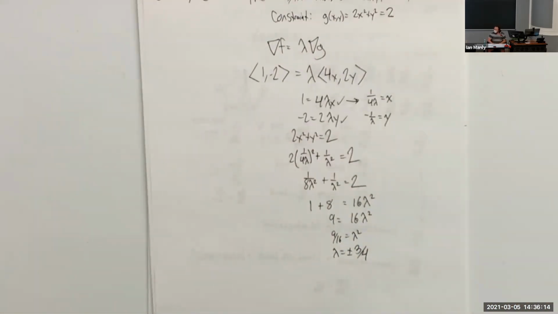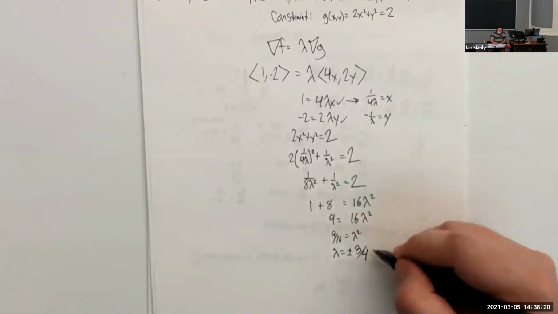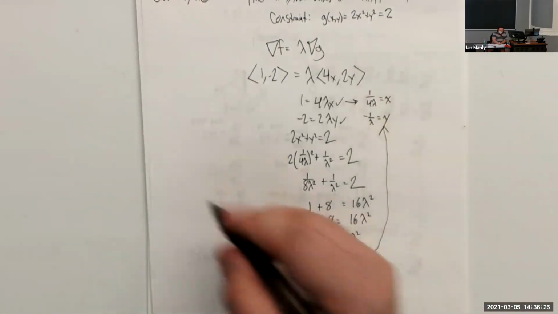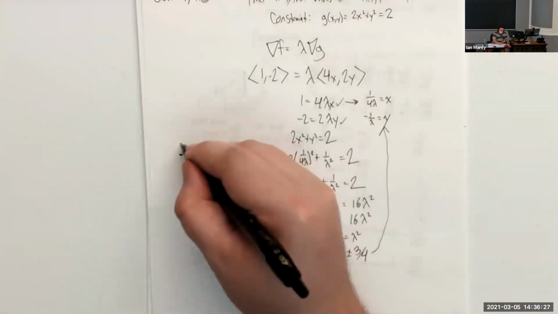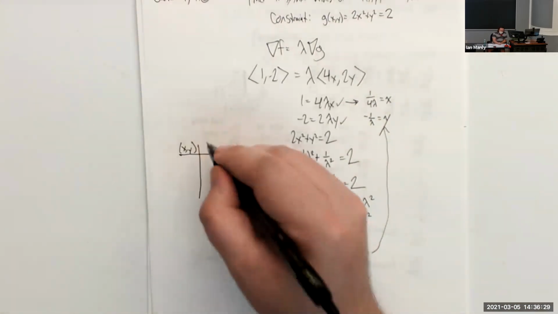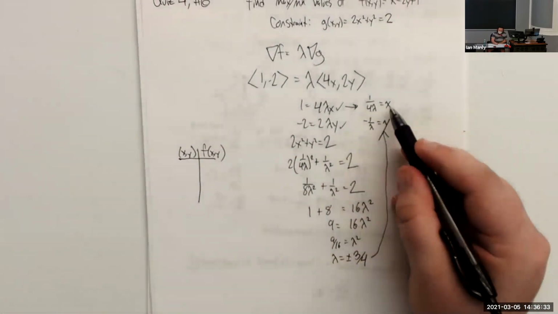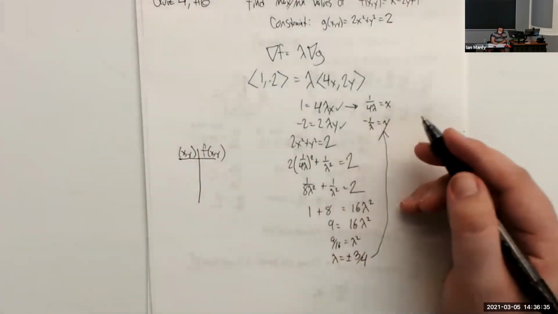Those are going to be our lambda values. Now, since we know what lambda is, we can go back and put those in and get some x and y values. So let's make our little chart with our x and y values and what values they have on the function. Let's do the positive version first.